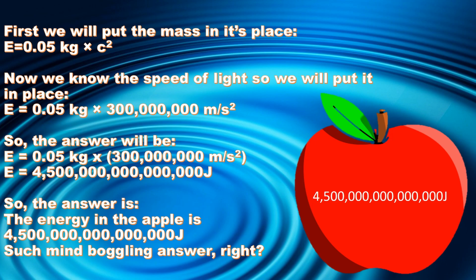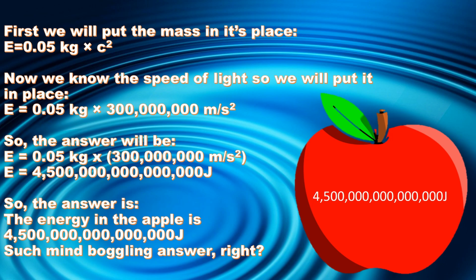E equals 0.05 kg into c squared. Now, we know the speed of light, so we will put it in place. E equals 0.05 kg into 300 million meters per second squared.